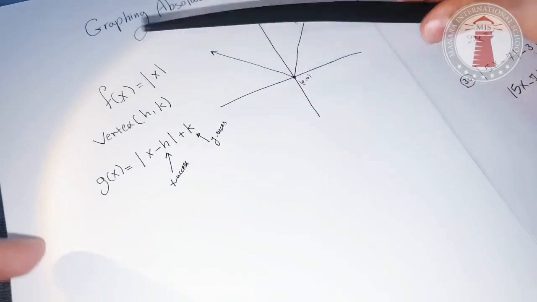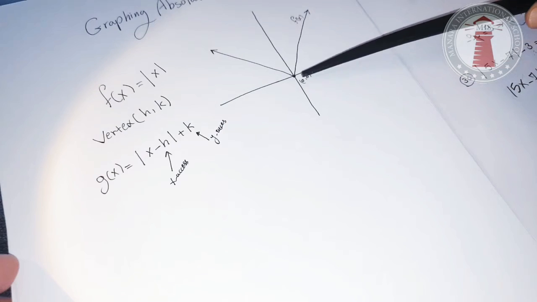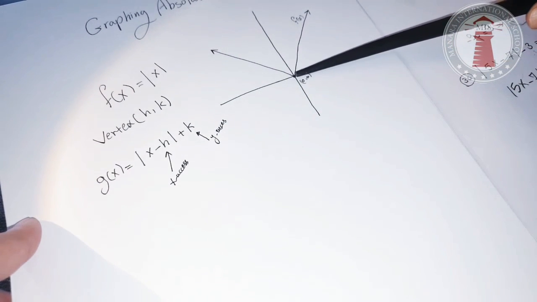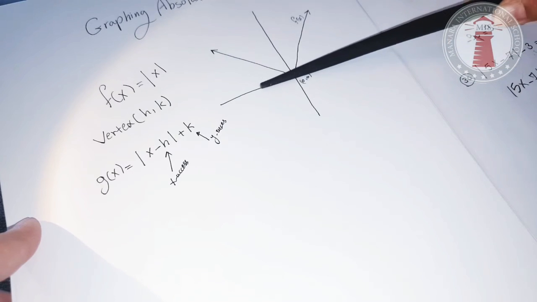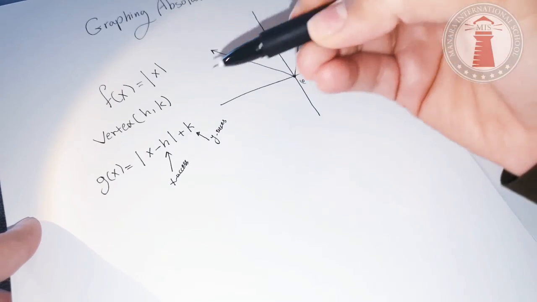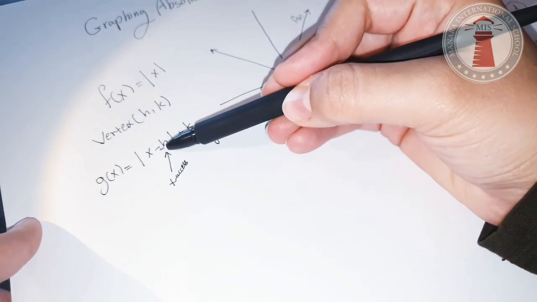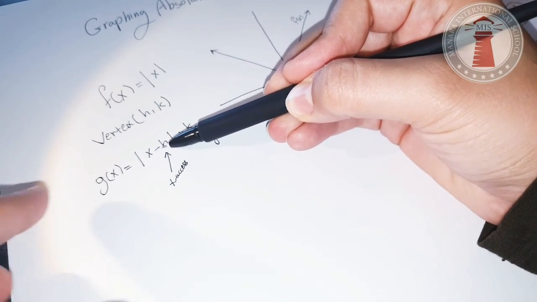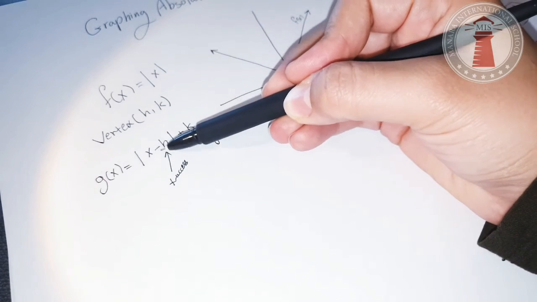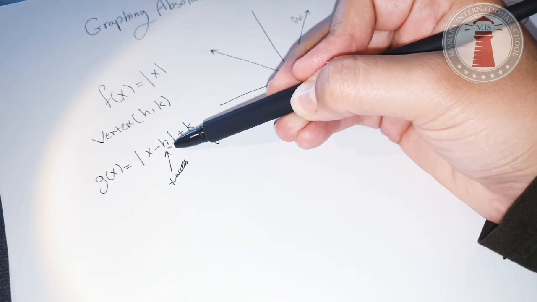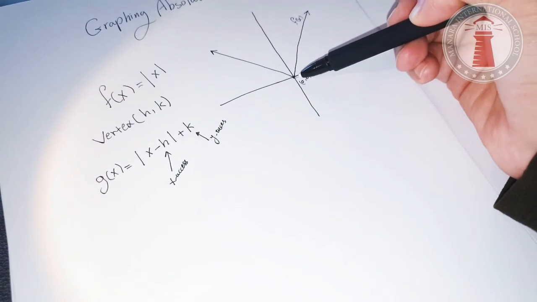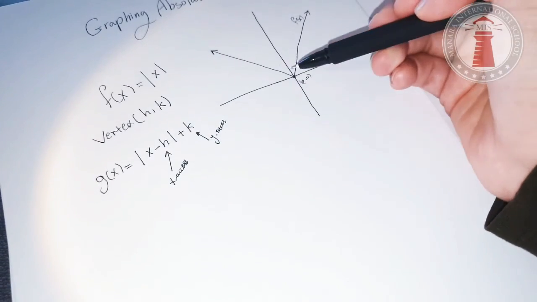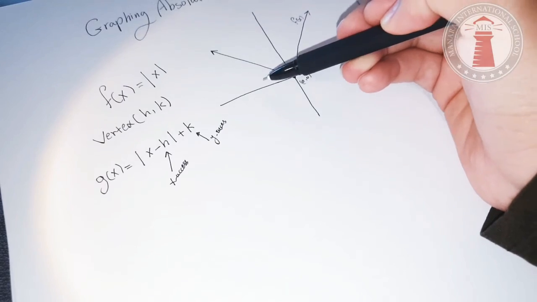So basically, do you see this V letter? It's going to move up or down based on k, and it will move right or left based on h. The negative sign here for h, x minus h, shows how many steps this vertex is moving to the right, and if it was plus, it's vice versa, so it's going to be to the left.